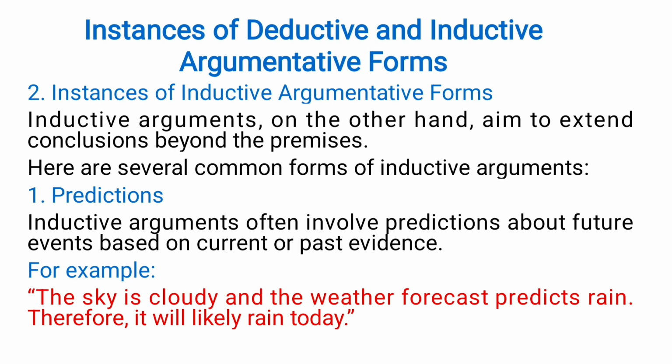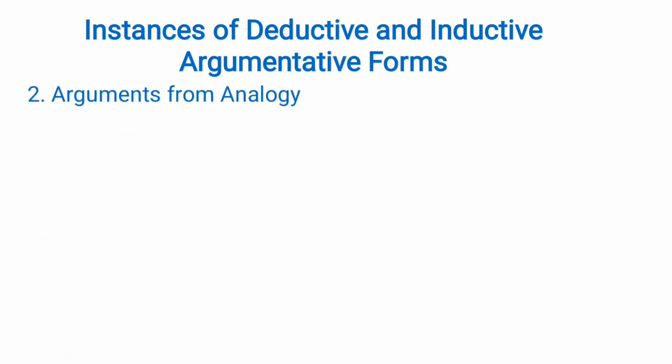In this example, the conclusion, it will likely rain today, extends beyond the premises. While it is probable to rain, still we are not certain whether it will rain or not. And the second typical form of inductive argument is argument from analogy.